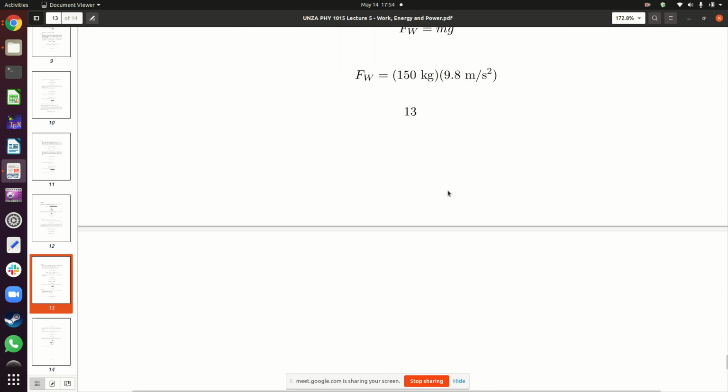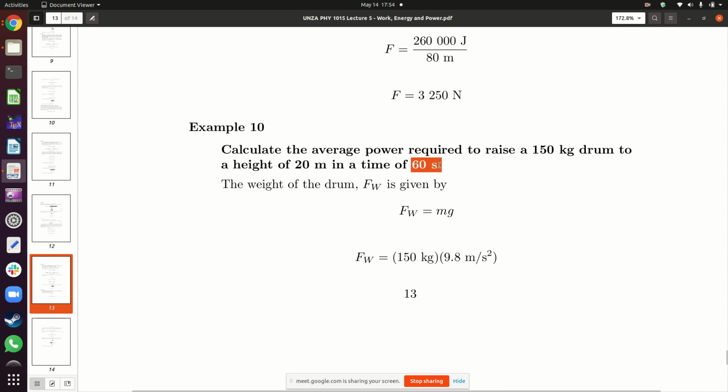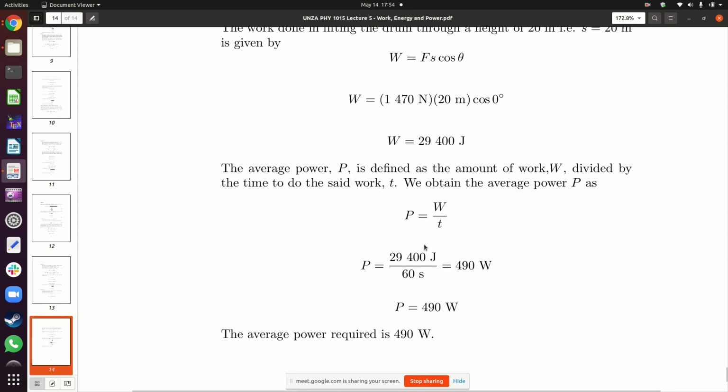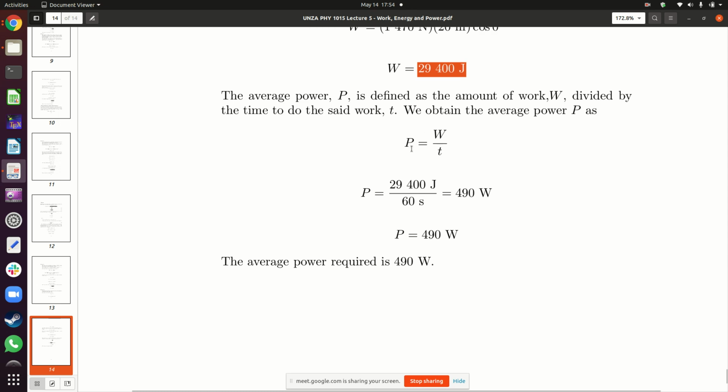And we are told you have to do this over a period of 60 seconds. So if the work we have done is 29,400 joules, then the power is going to be equal to the work done divided by the time, which is 60 seconds. So the average power is going to be 29,400 joules divided by 60 seconds, and that gives us a power of 490 watts.